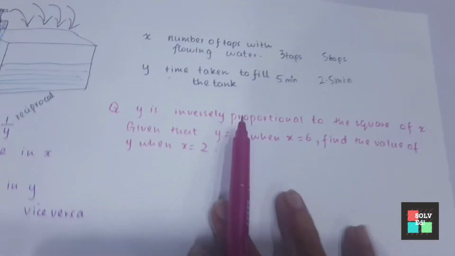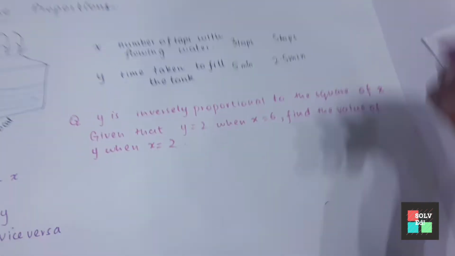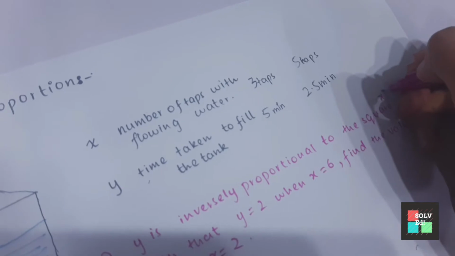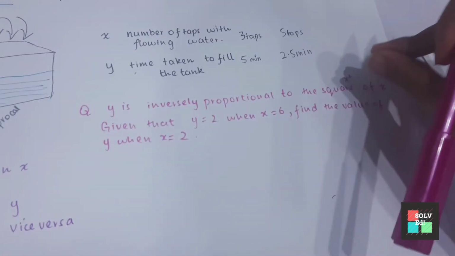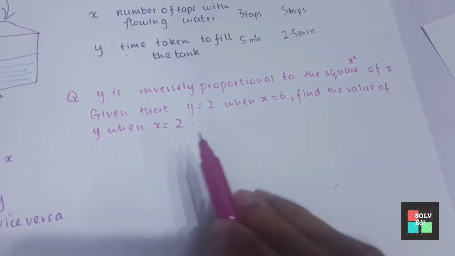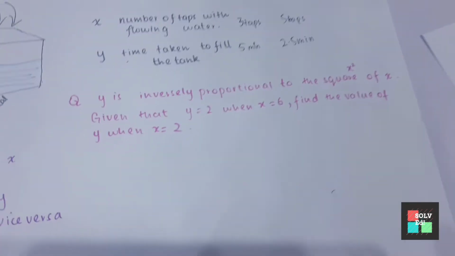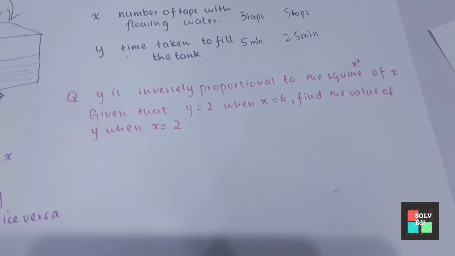Here it says, y is inversely proportional to the square of x. The square of x is x squared, so we're just going to treat x squared as the second variable. Given that y equals 2 when x equals 6, find the value of y when x equals 2.